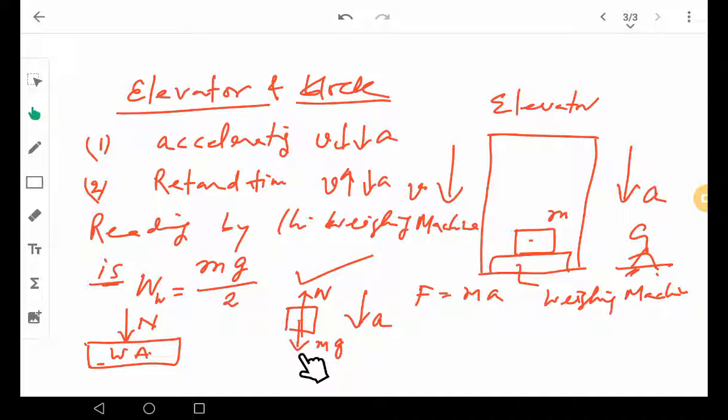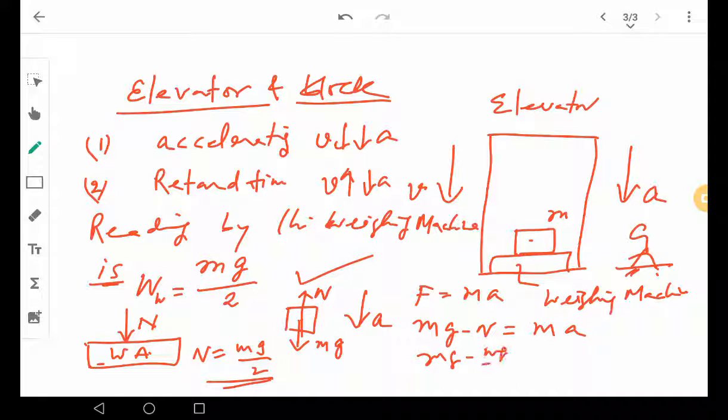So definitely mg is more than N, so we can write mg minus N is equal to ma. And here the reading is mg by 2, so N is equal to mg by 2. So mg minus mg by 2 is equal to ma, so mg by 2 is equal to ma. So a is equal to g by 2. So I got the acceleration is g by 2.